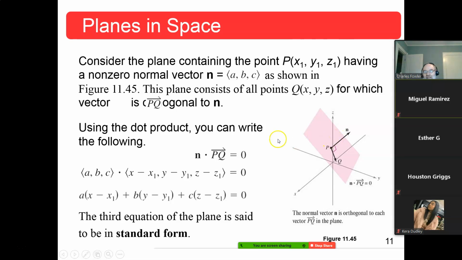Okay. Now, that plane consists of all the points Q, X, Y, Z, for which the vector, it looks like they've left something out here, and I do believe they have. That is a really weird looking form here. I have taught this before and I've never noticed this. I don't know what the deal is.